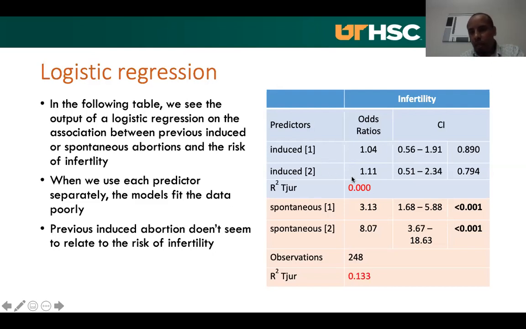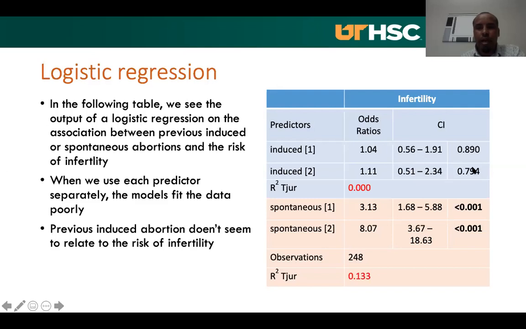And looking at 2 or more previous induced abortions and the risk of infertility, again, the odds ratio looks like it's different from 1, but the 95% confidence interval includes 1, the null value for the odds ratio. And the p-value is also greater than 0.05.